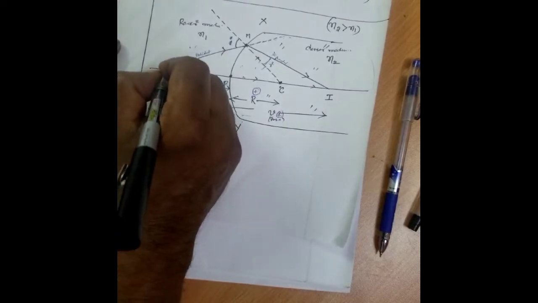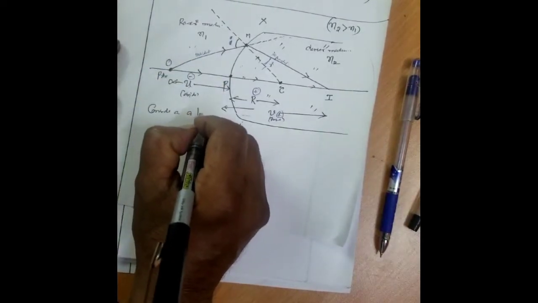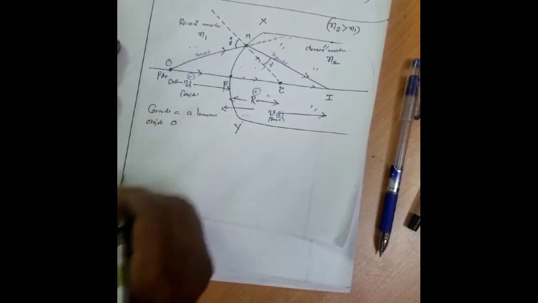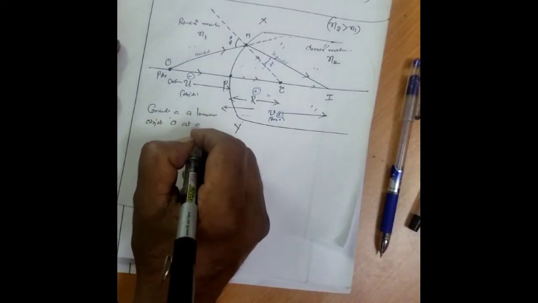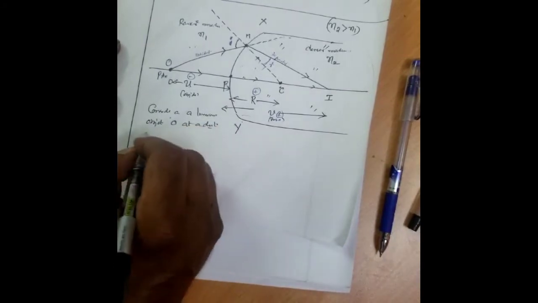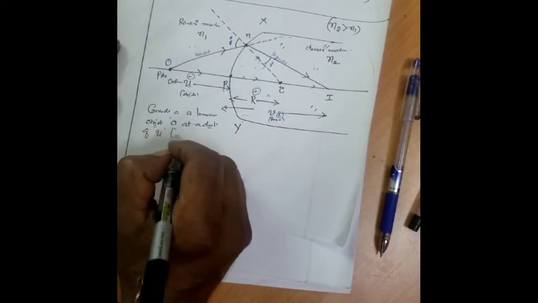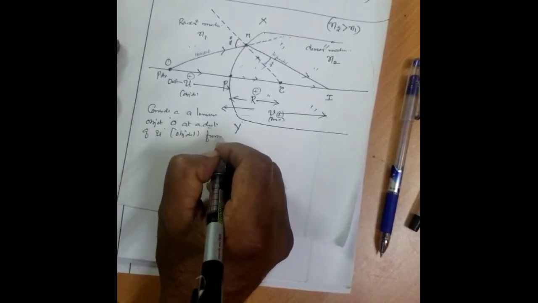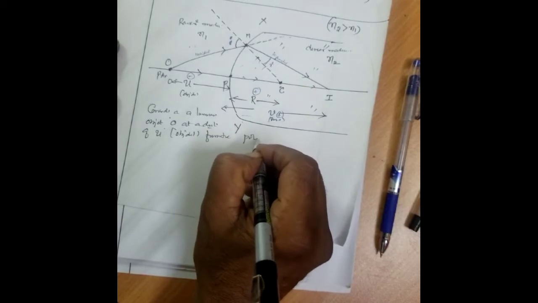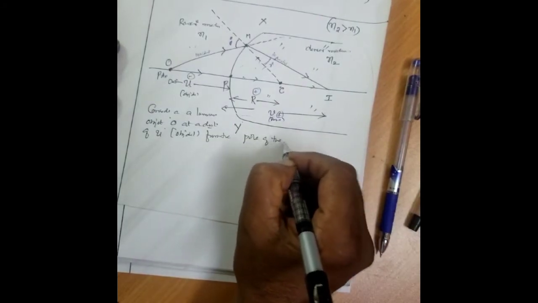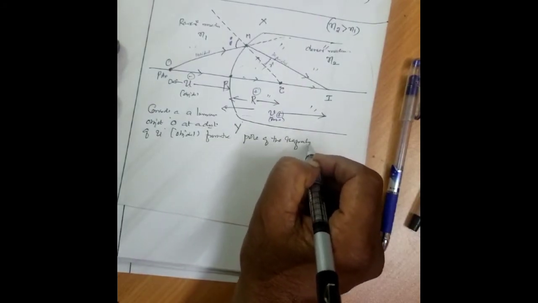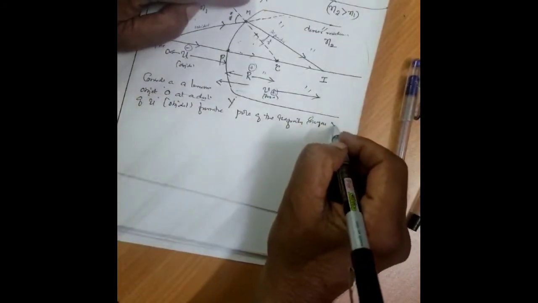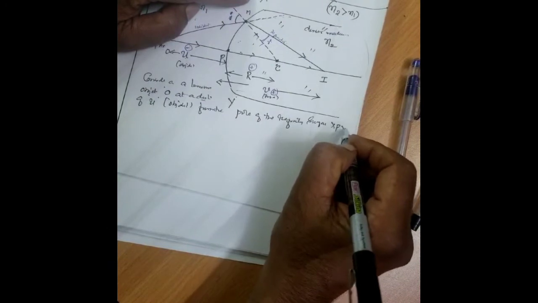Consider a luminous object O at a distance of u. This is the object distance from the pole of the refracting surface XPY.